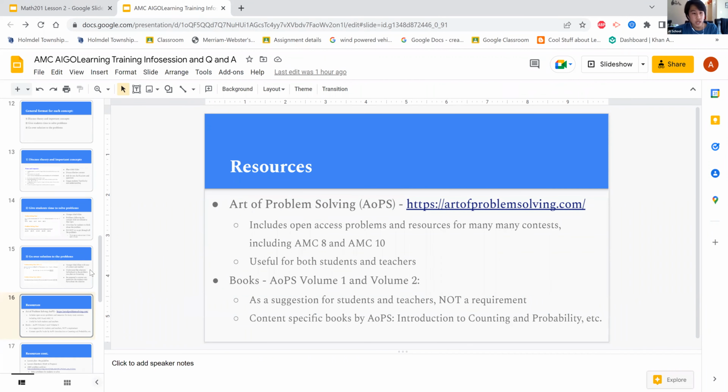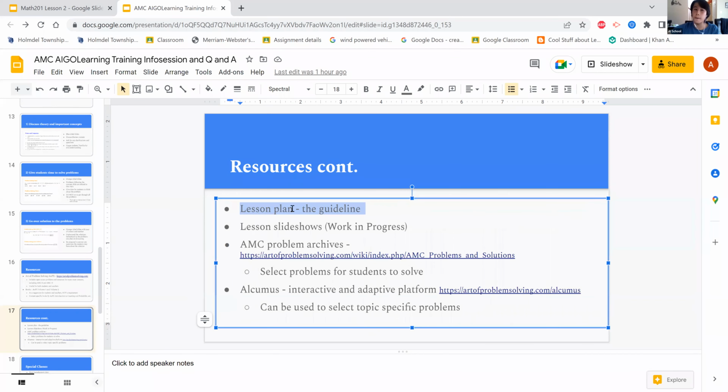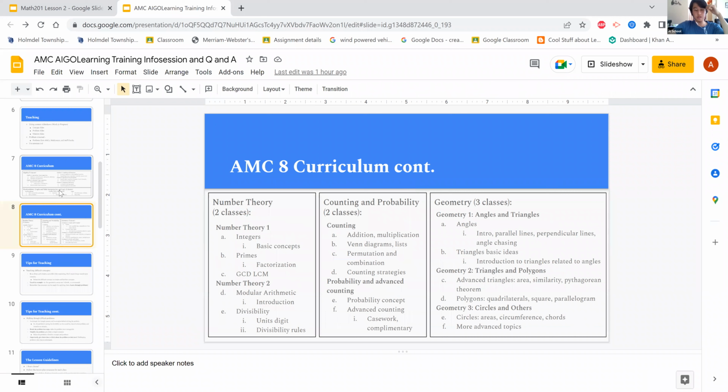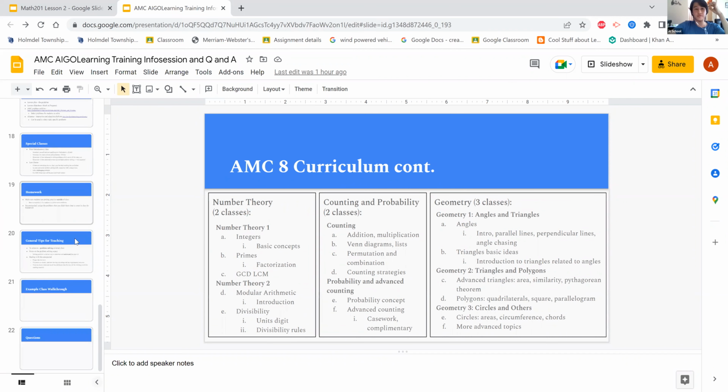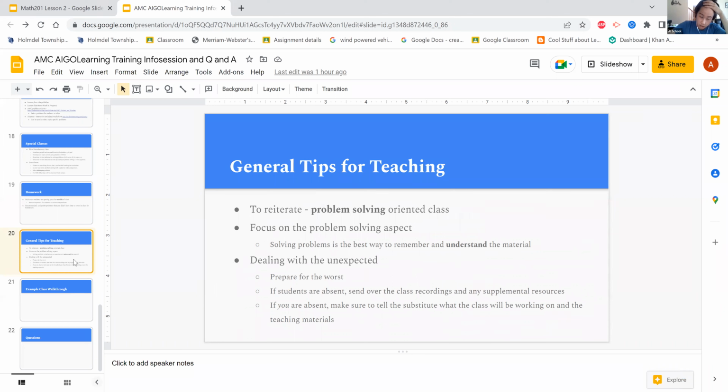All right, okay. Continue resources. So these are other resources you can use. So we have a lesson plan, the guideline, which I can send out later. This is kind of like what I covered back in the curriculum slideshow, but it's a bit more specific to the class itself. Like how much time do you want to spend on arithmetic sequences or geometric sequences?